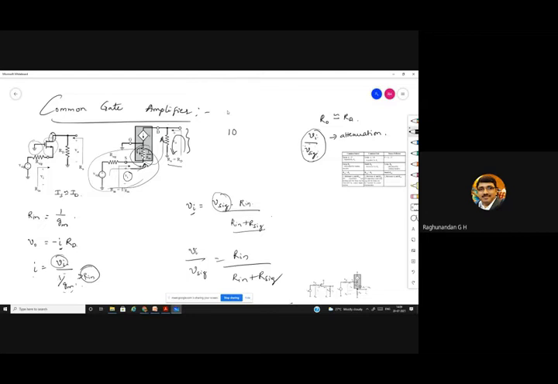This is how we analyze the common gate amplifier. That's why the common gate configuration is not used for amplification. But please remember, this is just for analysis purposes. We have tried the common gate amplifier, but practically speaking, we will always use the common source amplifier.